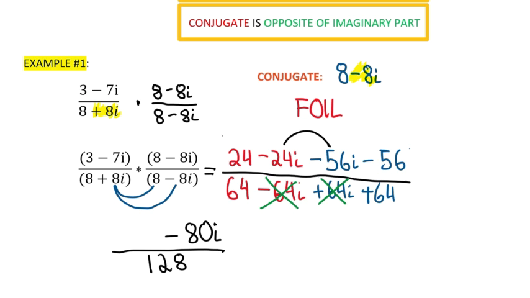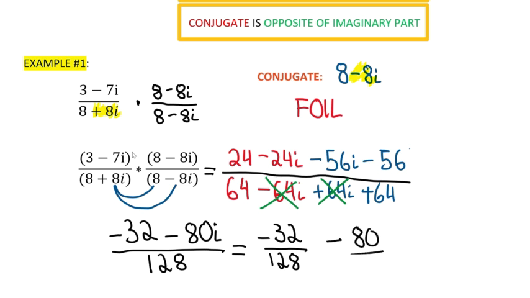And we know that 24 minus 56 is going to give us negative 32.